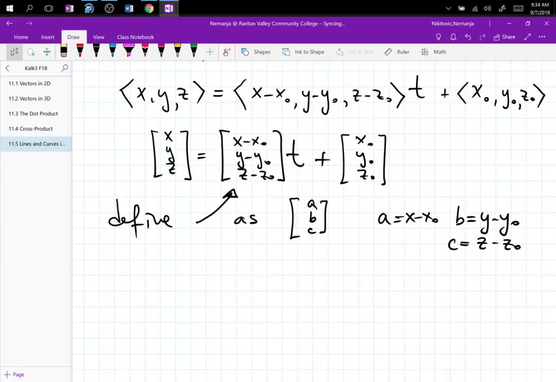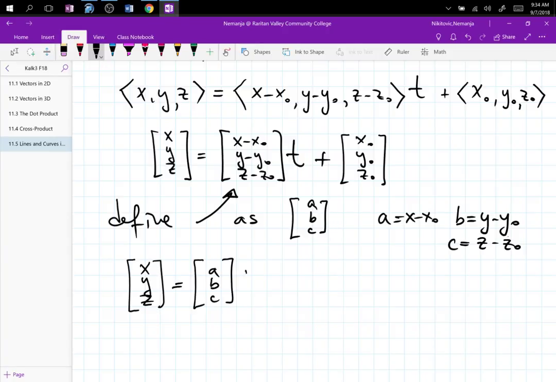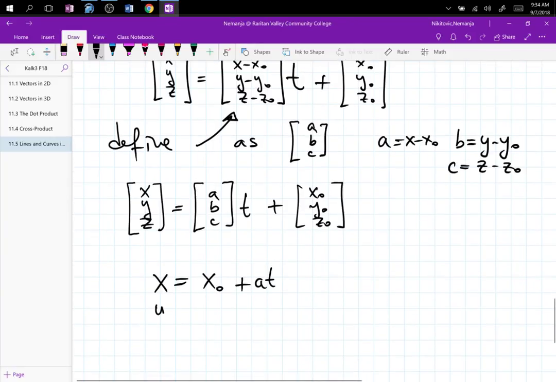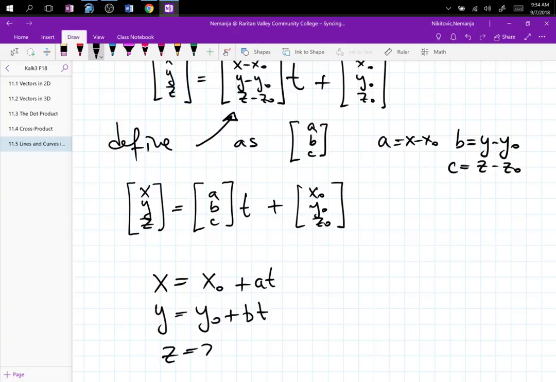So it's easier to write these things. So now I have x, y, z equals ABC t plus x0, y0, z0. So finally, x is x0 plus at, y is y0 plus bt, and z is z0 plus ct.